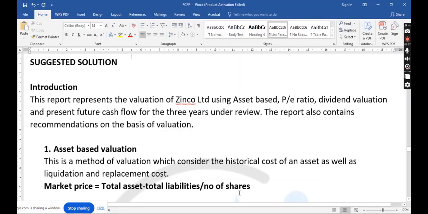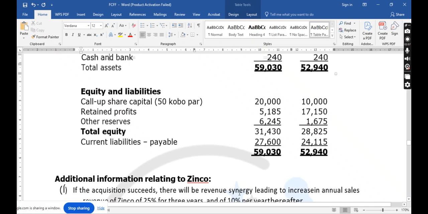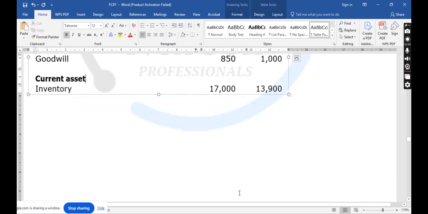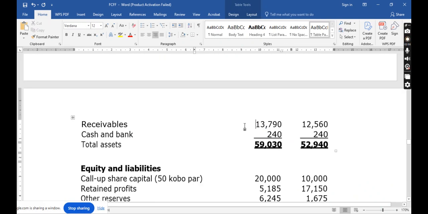So someone should help us to screenshot this part. Okay, inventory is 17,000. So we quickly go back and inventory is 17,000. Then please screenshot this. You have receivable and cash and bank. Is that not so? Please, so that you give me the figure.